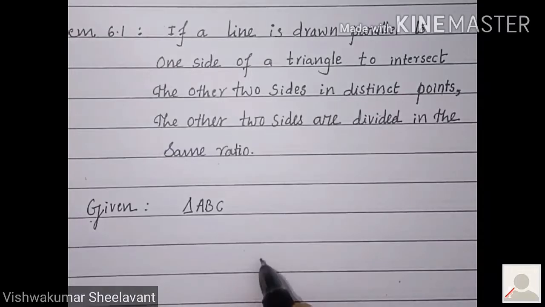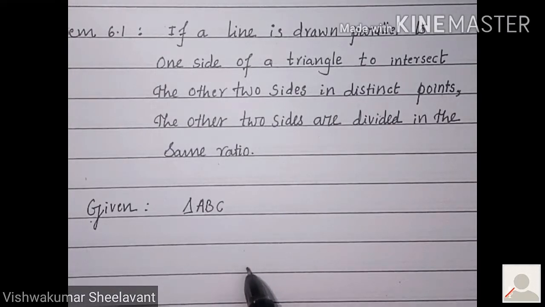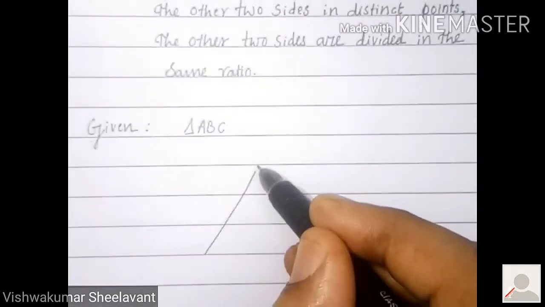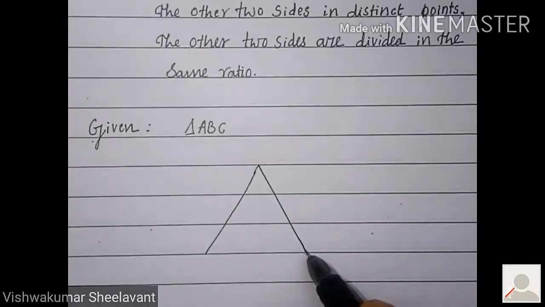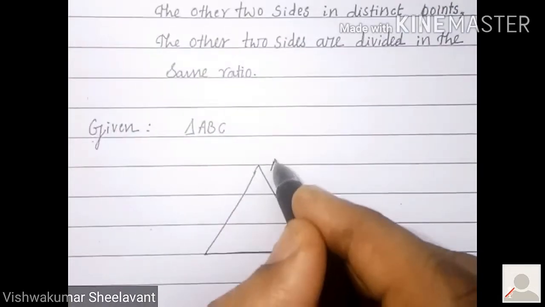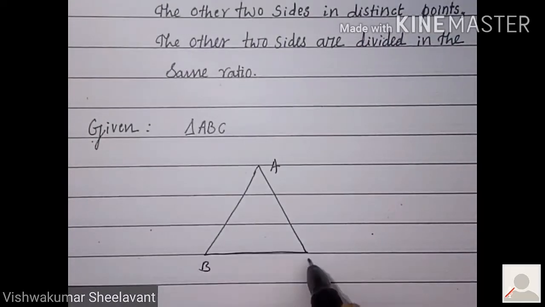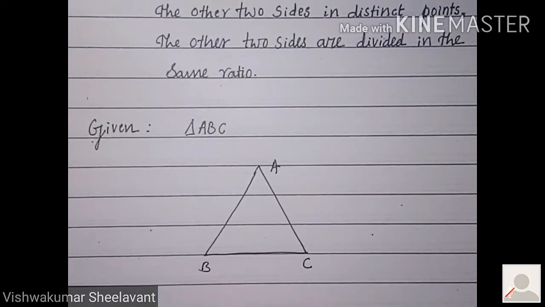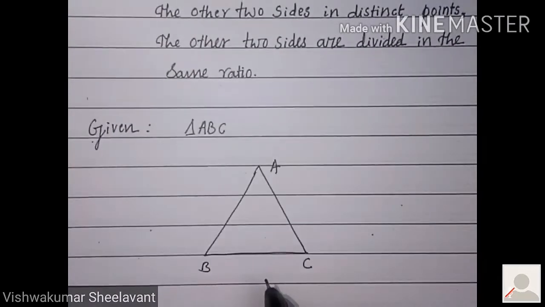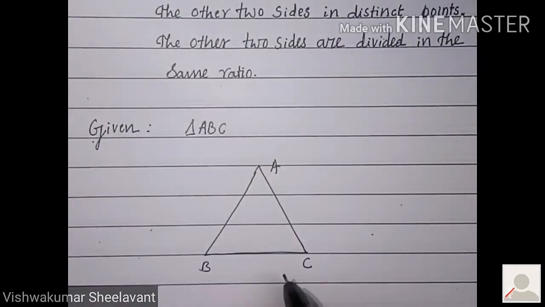So if we show a triangle like this, A, B, C. It's a triangle now. Here one line is drawn and that line is parallel to one of the sides of this triangle.